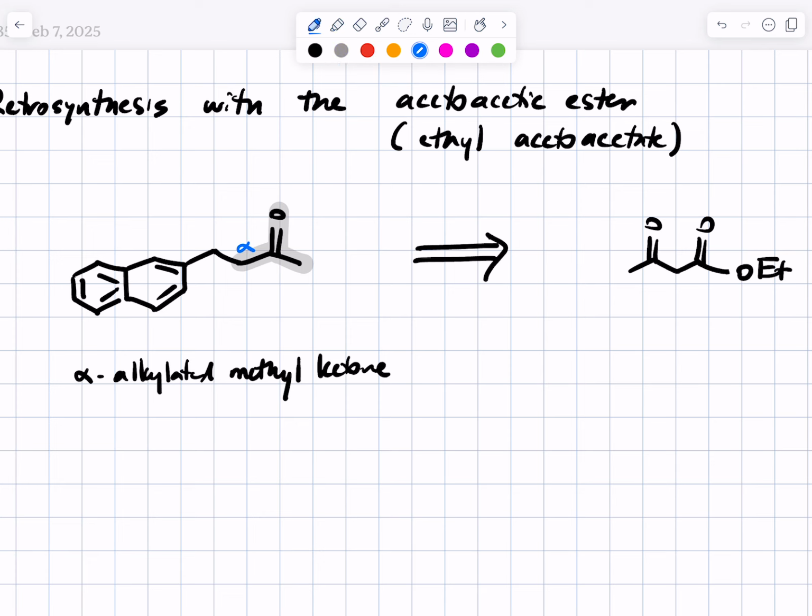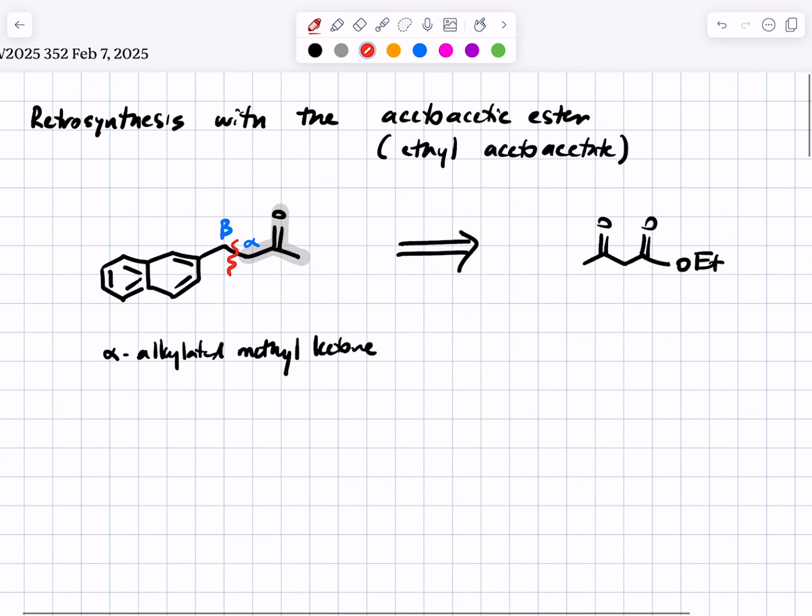That's this one. And then the bond between the alpha and the beta carbons is the bond that you made in the alkylation step. Everything on the other side of that bond is what was there attached to the leaving group prior to the alkylation step.